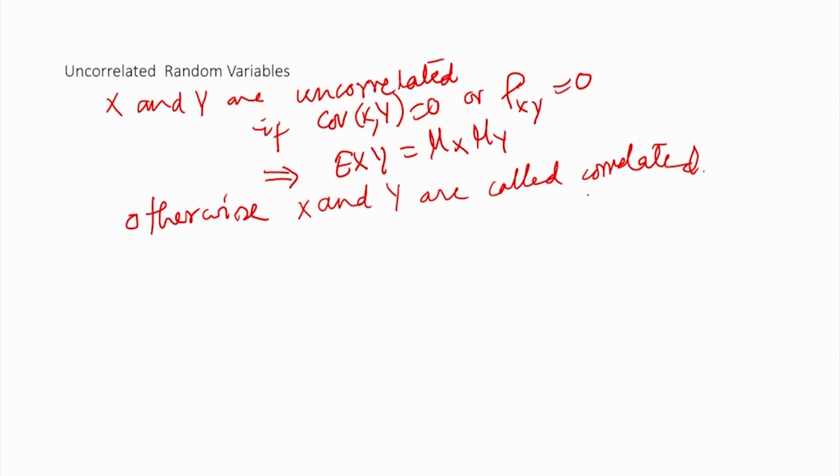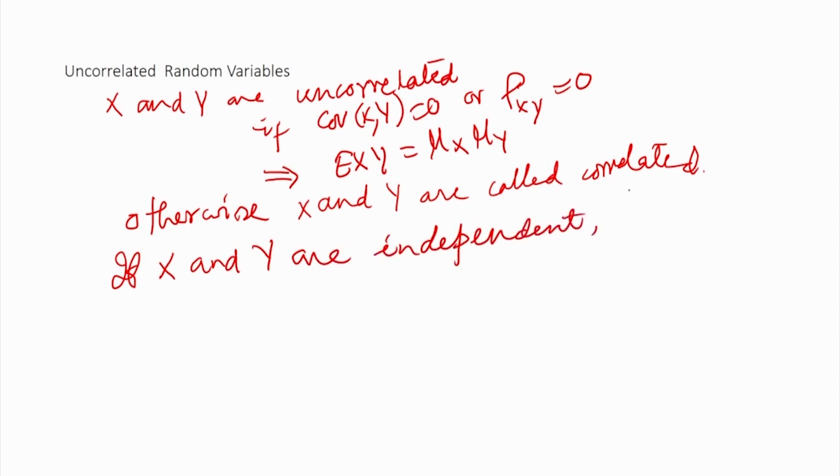We know when X and Y are independent. Suppose X and Y are independent, then they are uncorrelated.